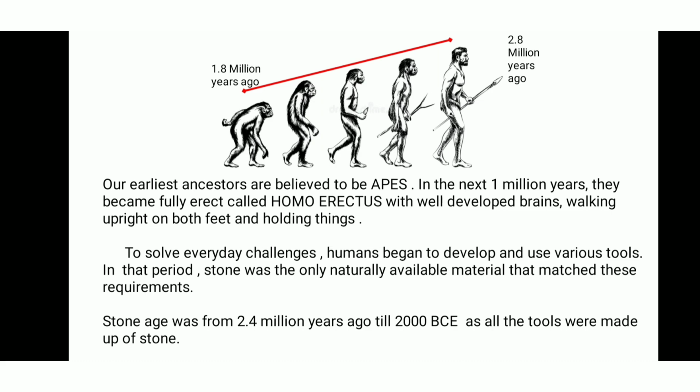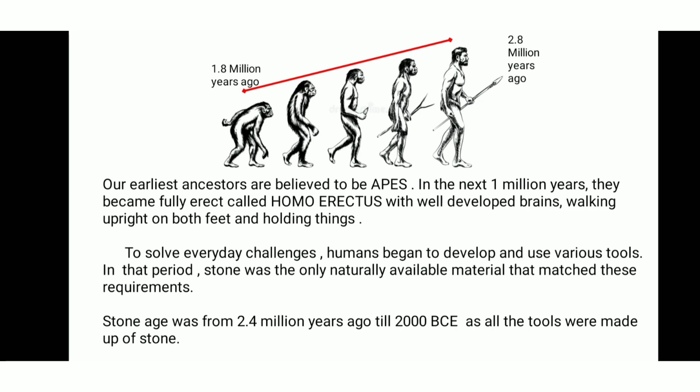In the next 1 million years, they developed and started to stand fully erect, and that posture is called Homo erectus. This Homo erectus stage is where they had well developed brains and were able to walk upright on both feet and hold things.